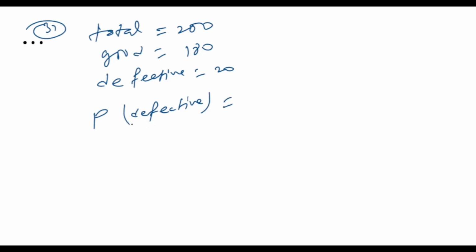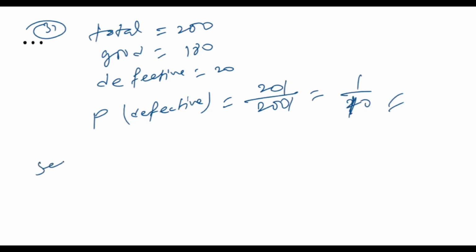Obviously, P(defective) is equal to number of defective divided by total. Number of defective is 20, total is 200. We solve this. 0 0 cancel, 1 by 10. This is the probability that the customer will not buy the pen.